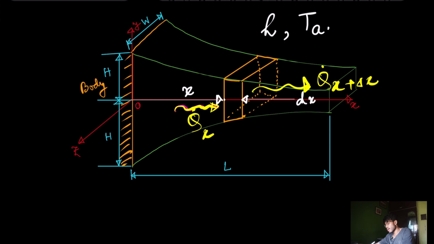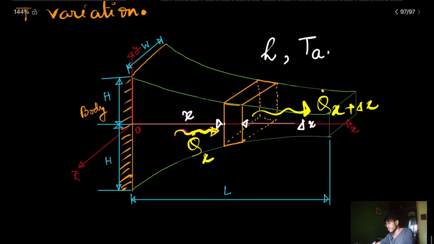Let us consider this as delta x first, not dx. q dot x plus delta x will leave, and throughout the area I will also have the convected heat.